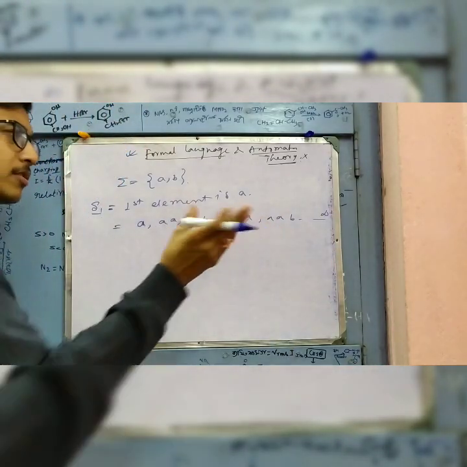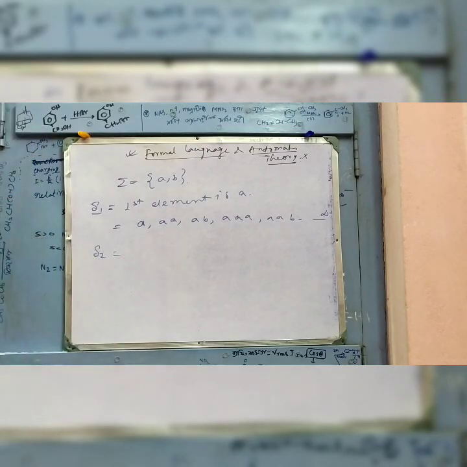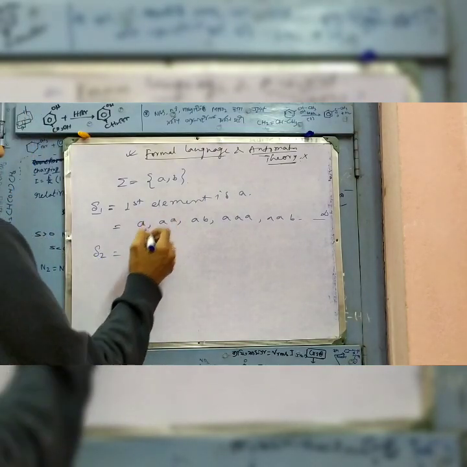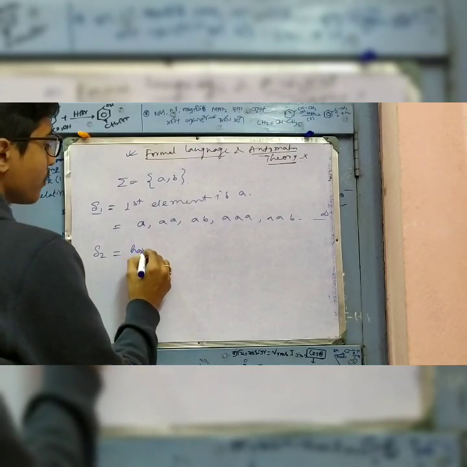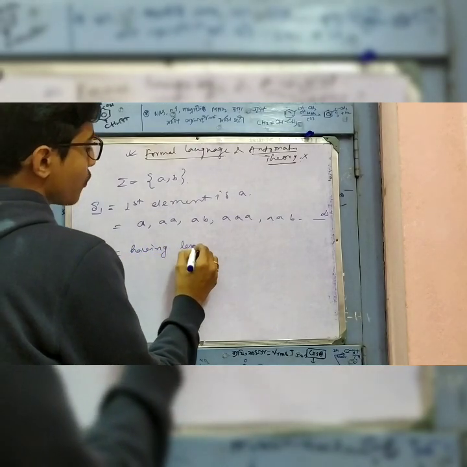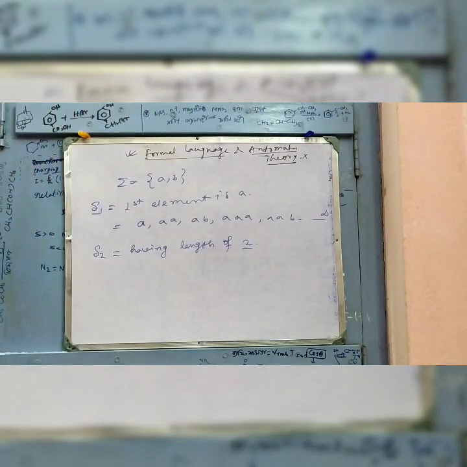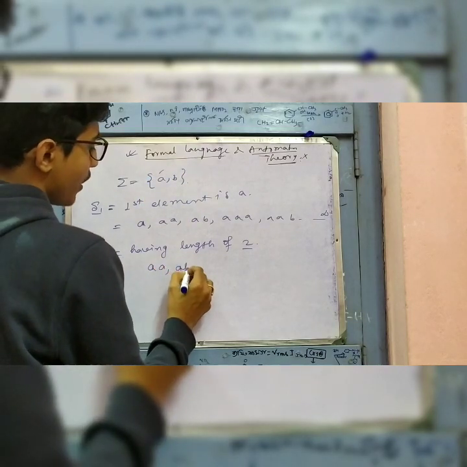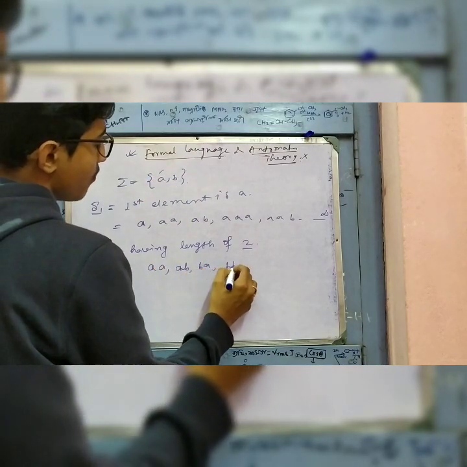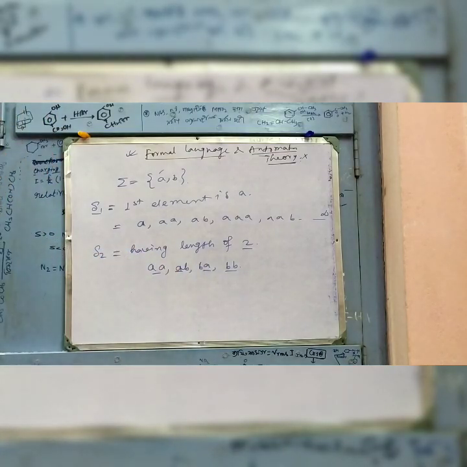Now let's take another example: a string S2 having length 2. How can you make it? Let's take aa, ab, ba, bb. Okay, fine, so length 2. These are the basic examples of strings.